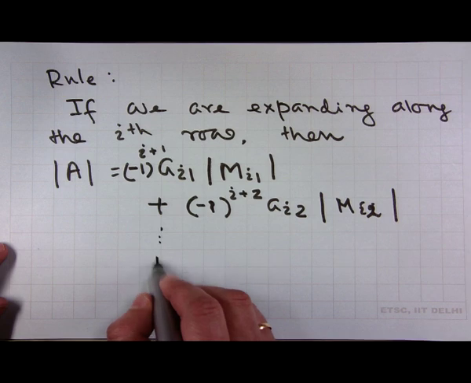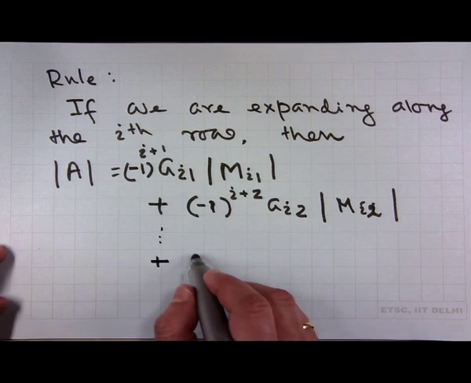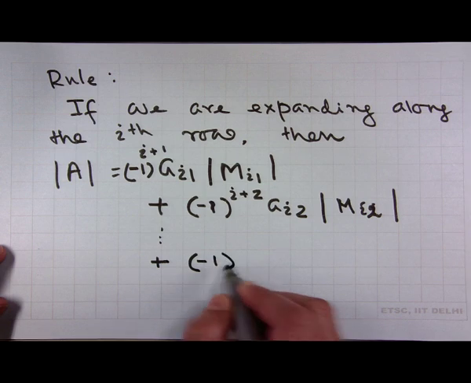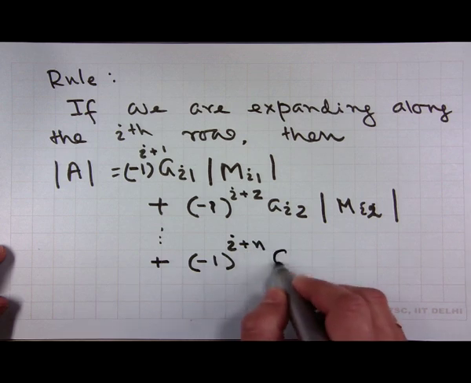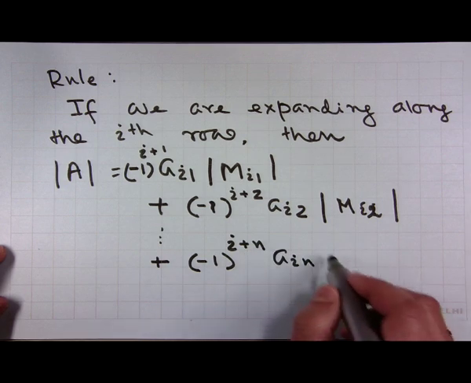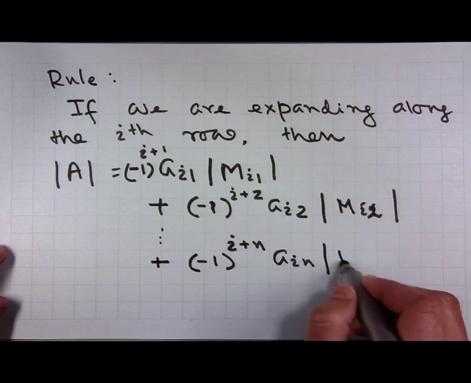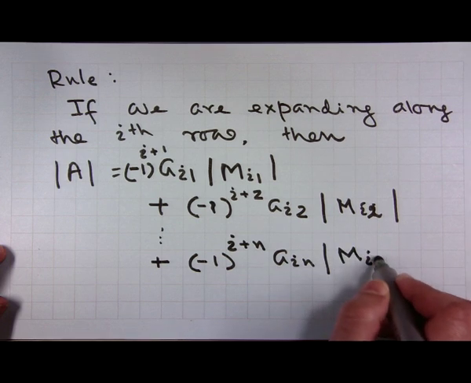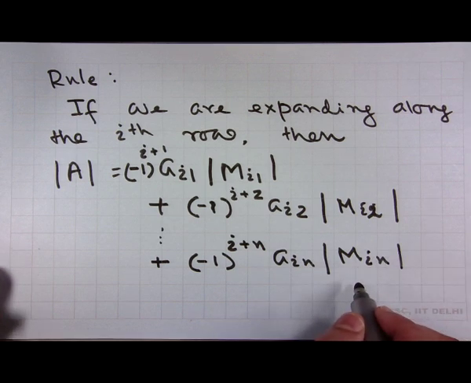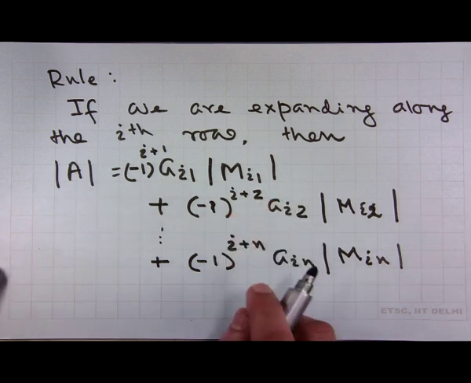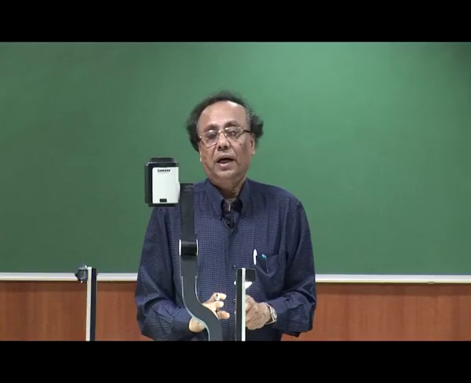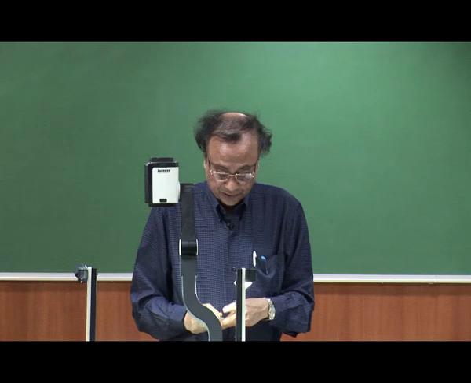Like that we go, and finally we will write minus 1 to the power i plus n A in determinant of the submatrix M in, which can be obtained by deleting the ith row and the nth column of the matrix A. So, the formula is clear.